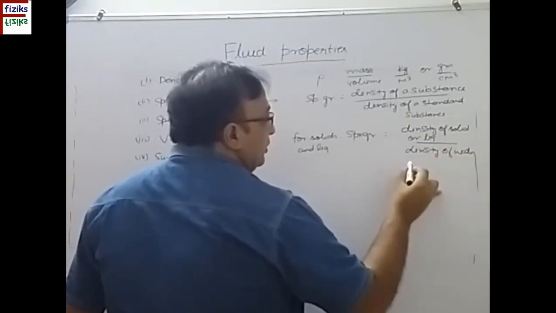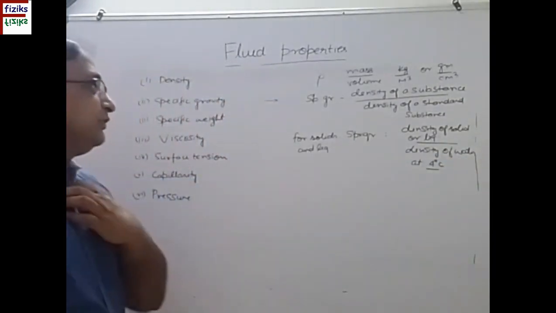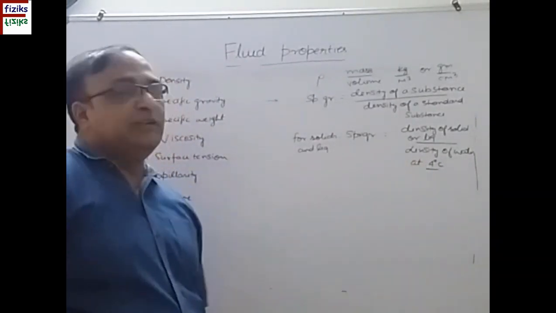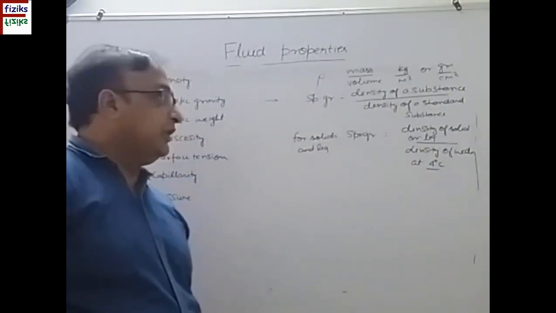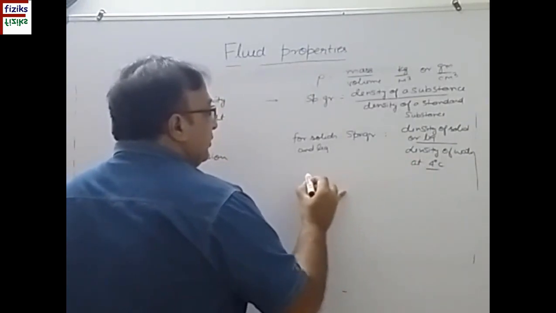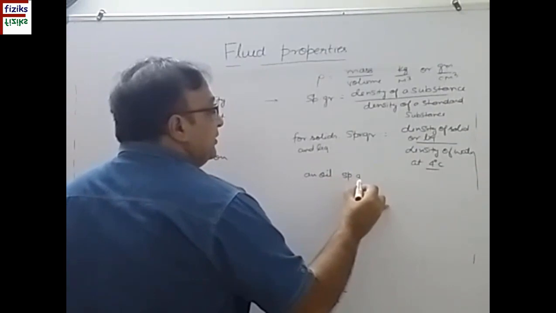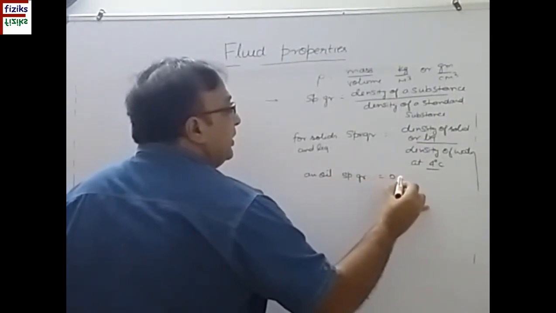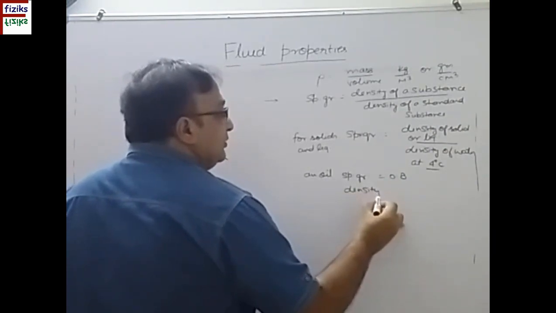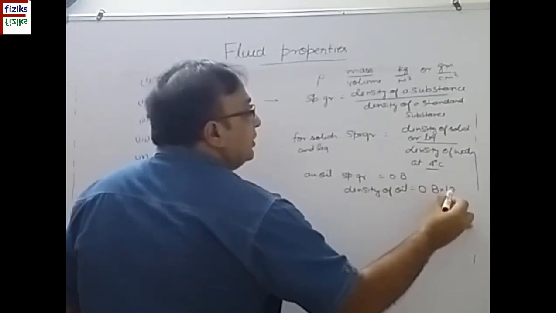This is pure water at 4 degrees Celsius. So we compare the density of solid or liquid with density of water at 4 degrees Celsius because water has maximum density at 4 degrees Celsius. For example, if an oil has specific gravity equal to 0.8, it means that density of oil is 0.8 into 1000.